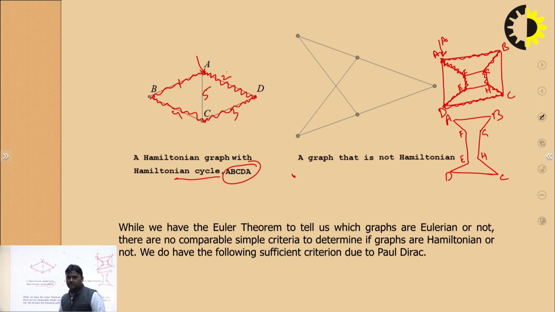Each vertex has been traversed in this graph without repeating any vertex except the initial vertex. Then the graph forms a Hamiltonian circuit or Hamiltonian cycle.